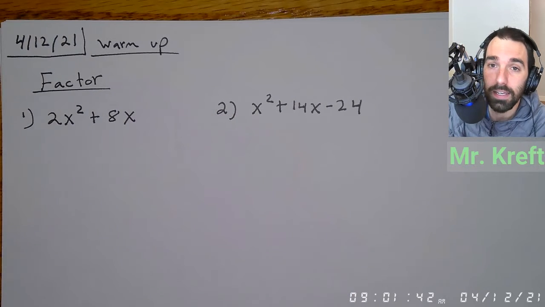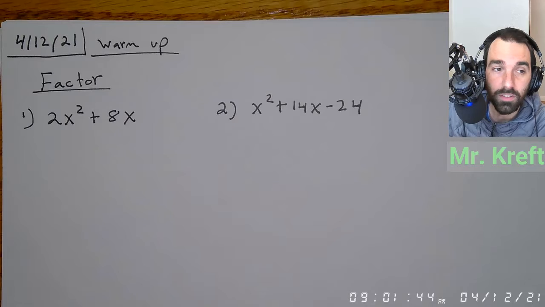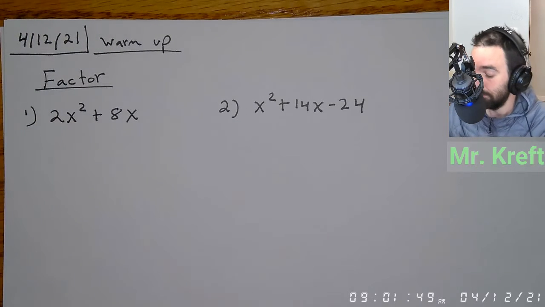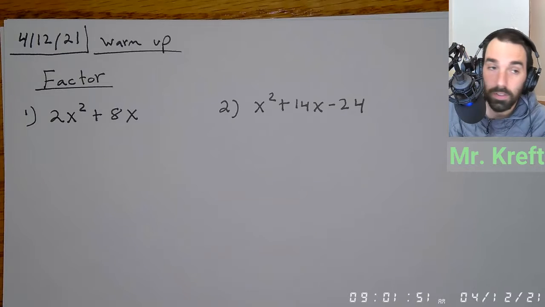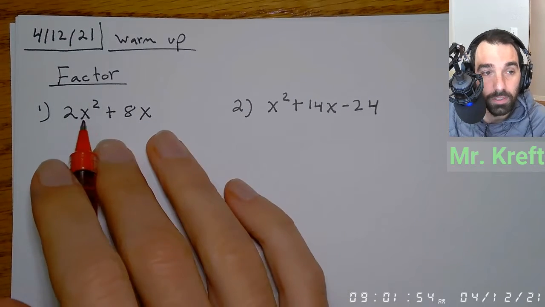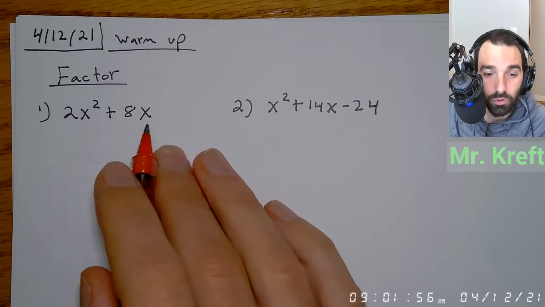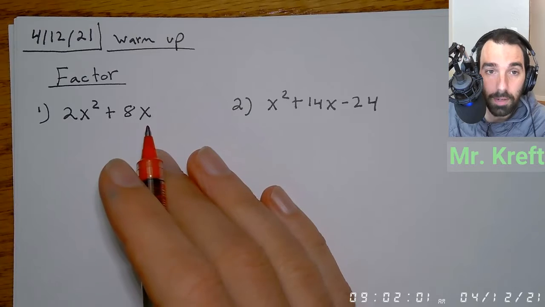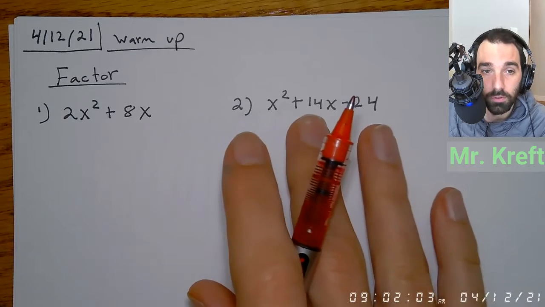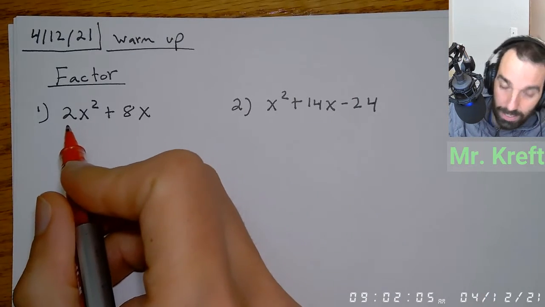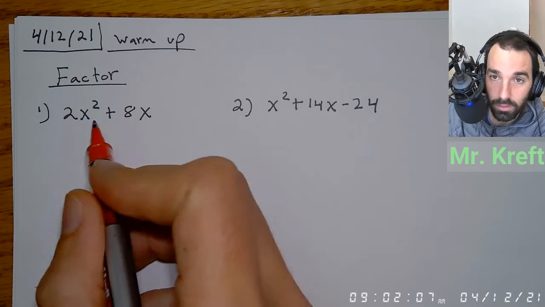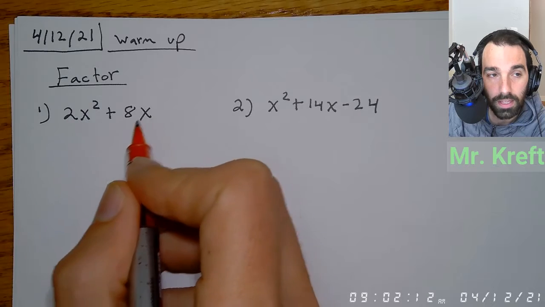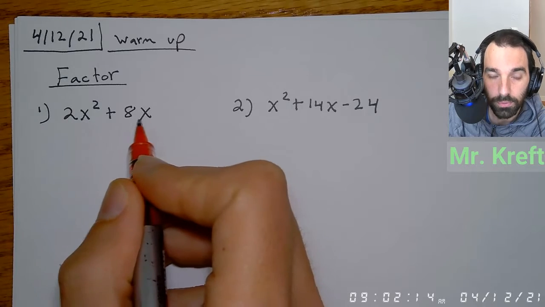All right, so let's go over this warm up so that we can spend a little more time talking about zero product property and what that means. In the first case here, we're factoring a binomial, so there are 2 terms. If there are only 2 terms, then we're not going to use the box and the x that we use for trinomials. So when I look at a binomial, what I'm looking for is the biggest number that goes into both, and how many x's go into both.